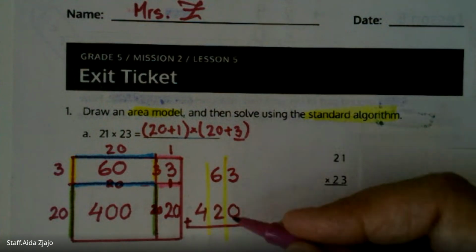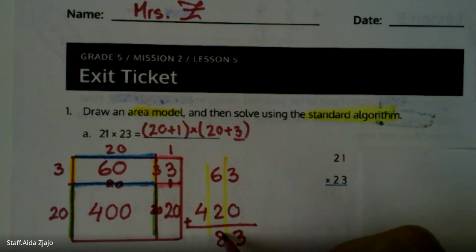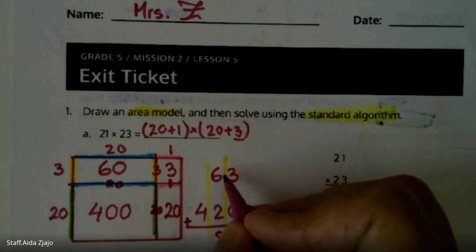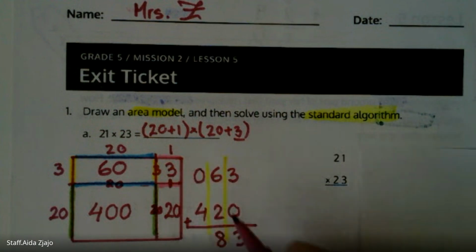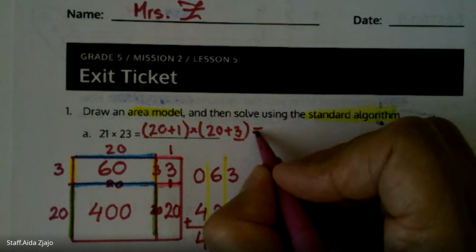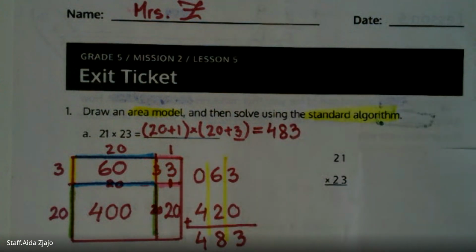So 3 plus 0 is 3, 6 plus 2 is 8, and 63 did not have any hundreds, so I can put 0 there. 0 plus 4 is 400. So I know the answer for this one is 483 if I use the area model.